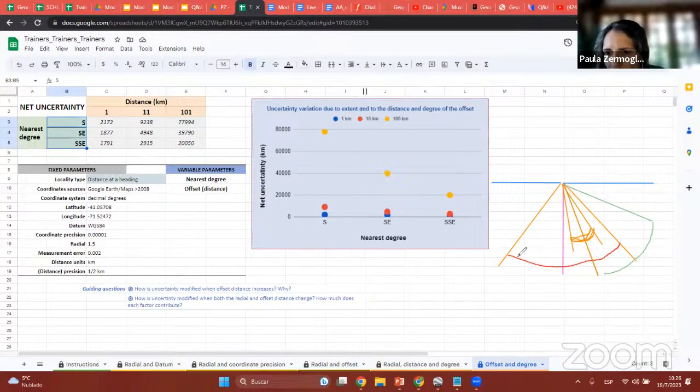So you see, if I just say south, I have this big uncertainty associated. If I say southeast, I have this uncertainty. And the more specific I am in the direction, the smaller the associated uncertainty I have. So here in the graph, we can see that moving from south to southeast, the uncertainty decreases because we're being more specific in the direction.